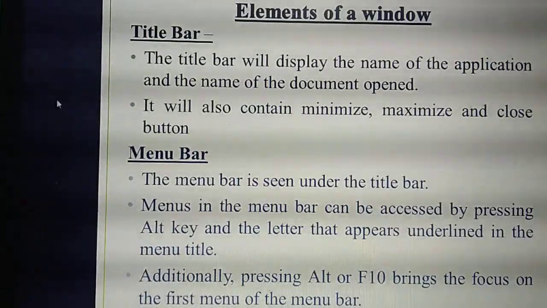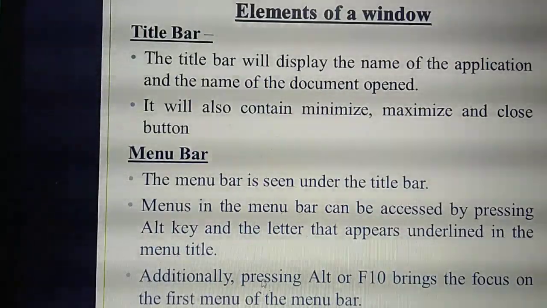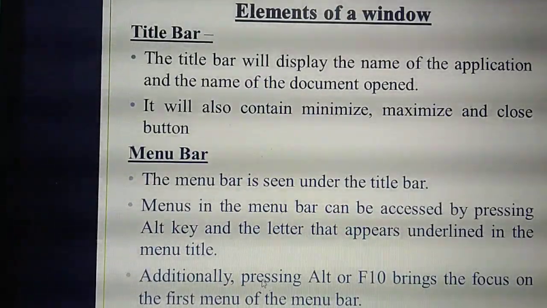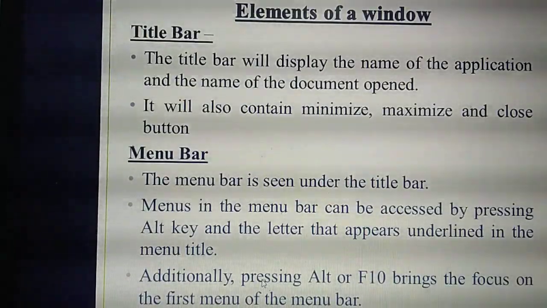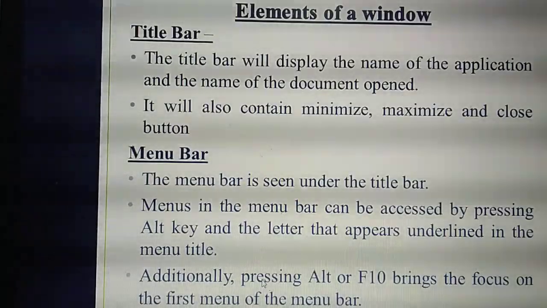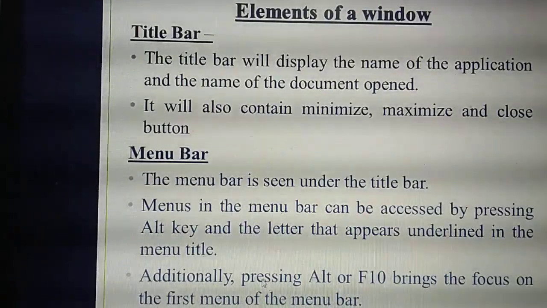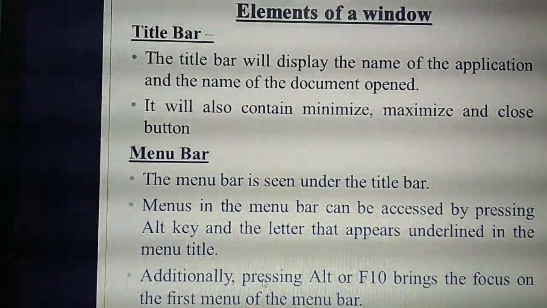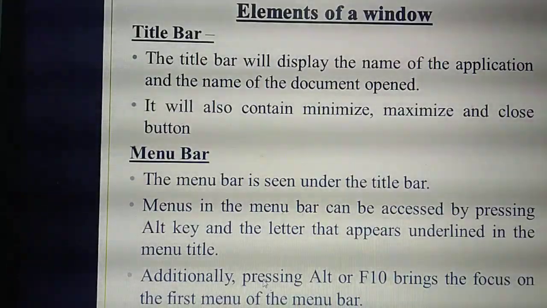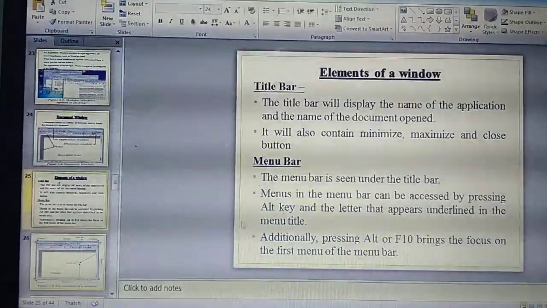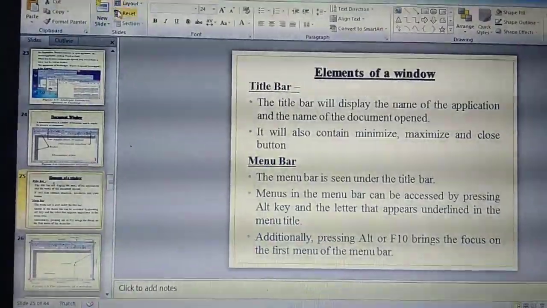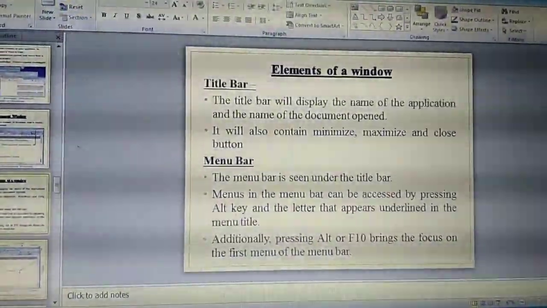You can click using the mouse, or you can use the Alt key from the keyboard. Alt key or F10 key, if you press it you can select the menus from the menu bar. Understand?